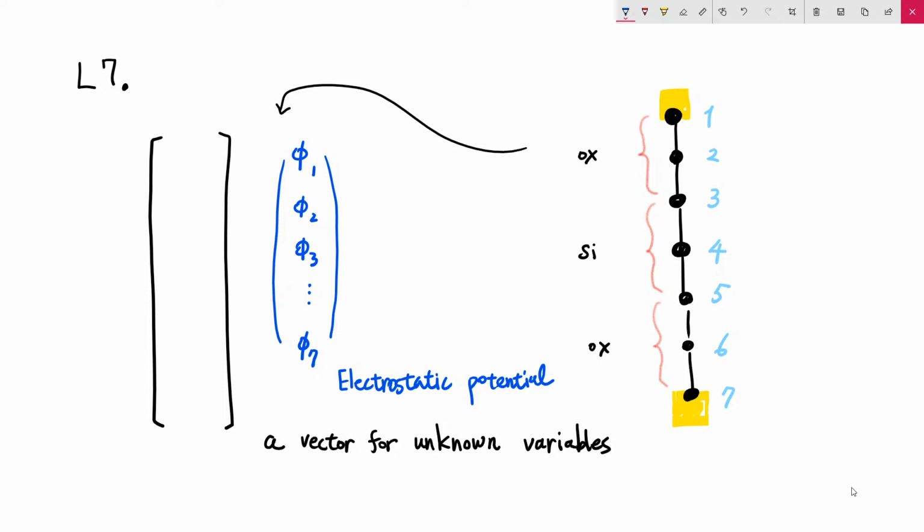The meaning is quite straightforward. For example, phi1 is the electrostatic potential assigned to vertex node 1, phi2 is assigned at vertex node 2, and phi3 is assigned at vertex number 3.